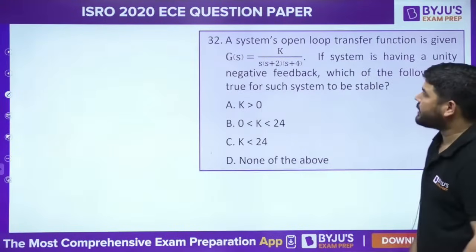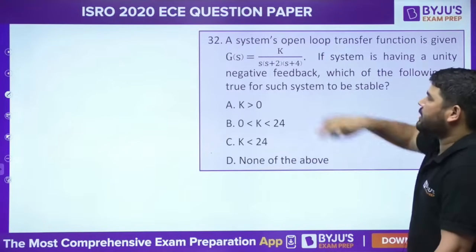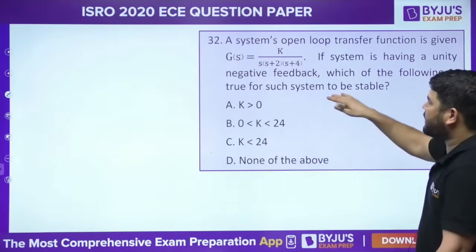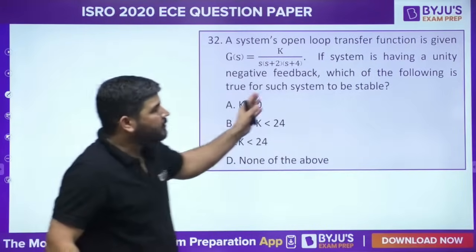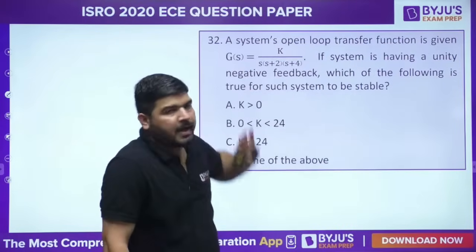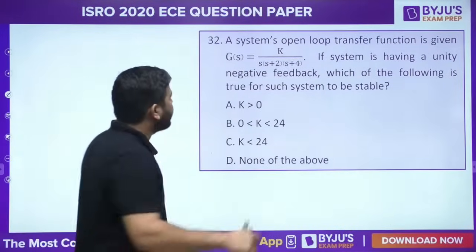In the next question, you can see that G(s) is given to you, and there is a unity negative feedback. Which of the following is true for the system to be stable? We want the system to be stable. What is the value of K so that the system remains stable? So you can apply the Routh criterion.